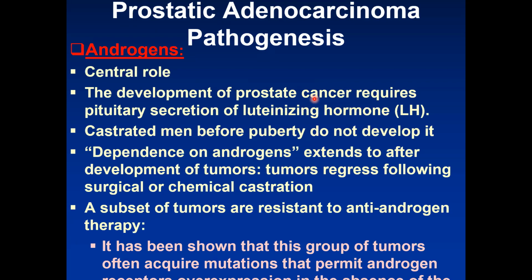Now, the dependence on androgen is not only limited to the origin of the tumor, the carcinogenesis of the prostatic tissue, but also to maintaining its growth and progression. And that has also been cemented clinically. How? If you bring in a hormone that is the antidote of the androgen, in this case, as you know, the most powerful hormone in the universe, the estrogen, and give it to someone with prostatic adenocarcinoma, what happened to their tumor?